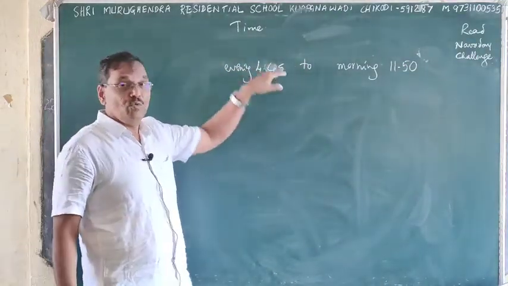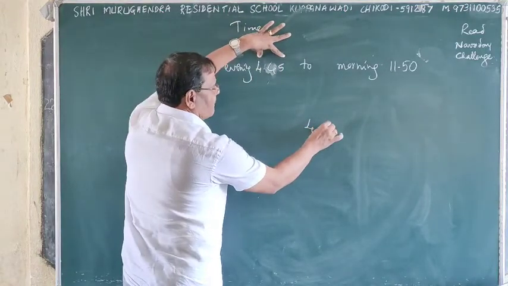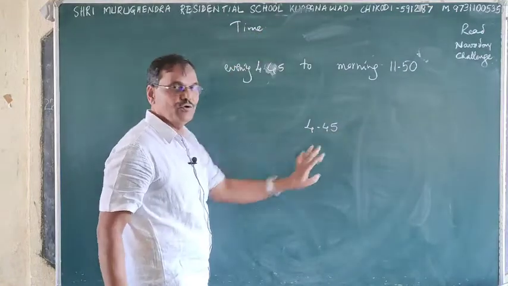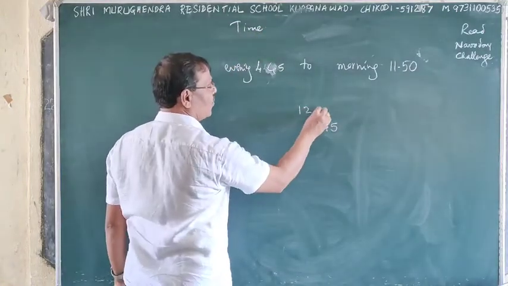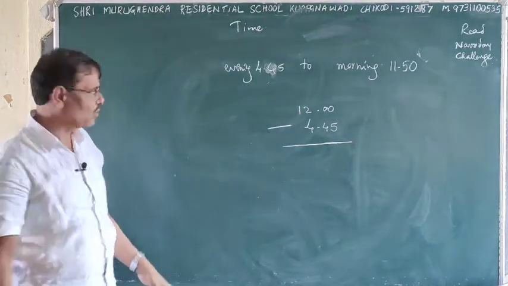Evening 4:45, what comes in the middle? 4:45 evening to night 12 crosses. So the difference between that you have to find.